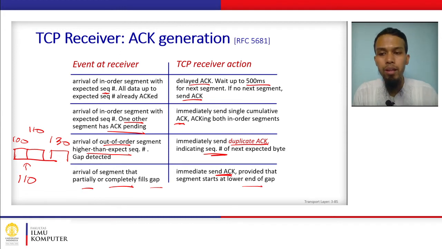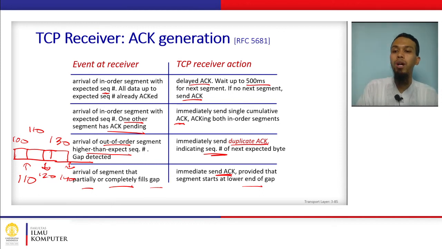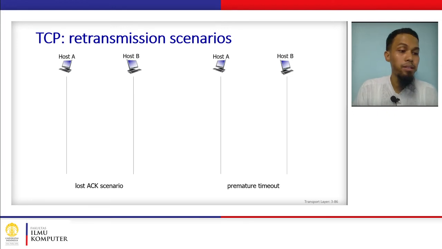So it sends an acknowledgement with the next expected segment to be received by the receiver, either this one, let's say 120, or, if it fills the gap completely, it will send the ACK with the next segment, let's say 140.